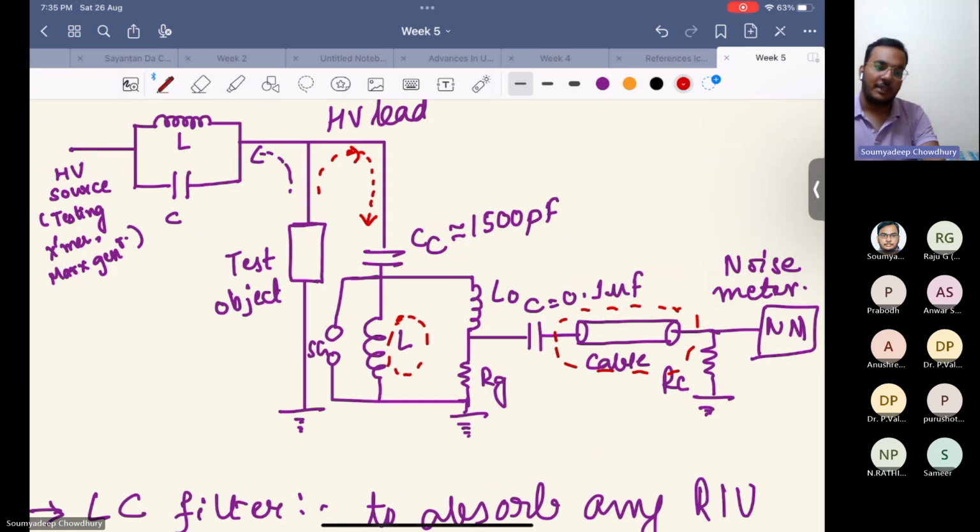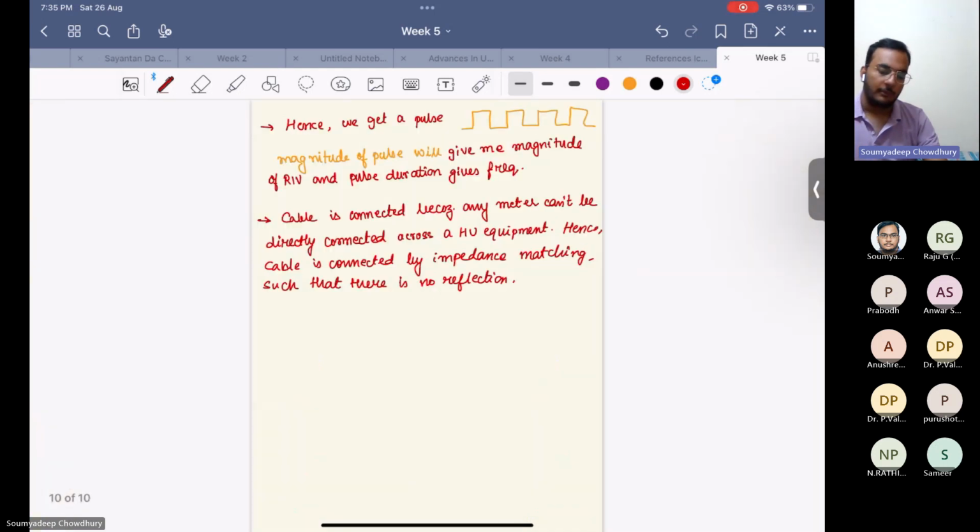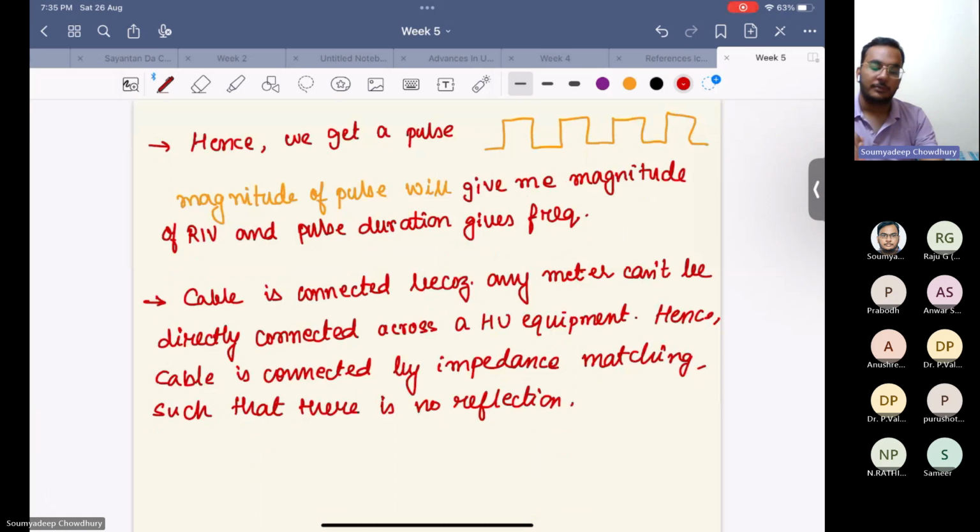So there will be mutual coupling between the capacitor and the inductor, and there will be continuous transfer of energy between this coupling capacitor and the inductor L. Hence we will get a pulse, like on time, off time, on time, off time. From the magnitude of this pulse, we will get the magnitude of the RIV, and the frequency of the pulse will give me the frequency.